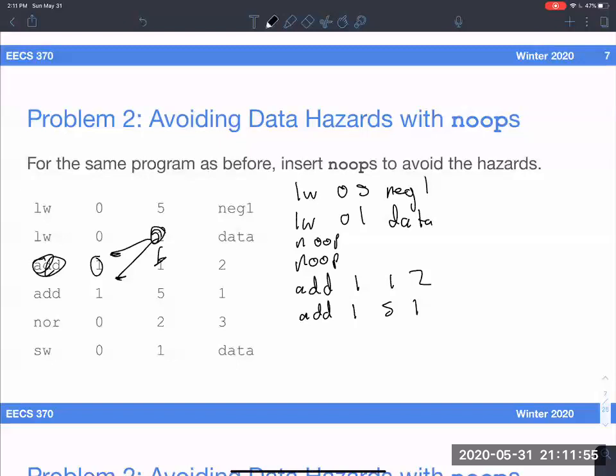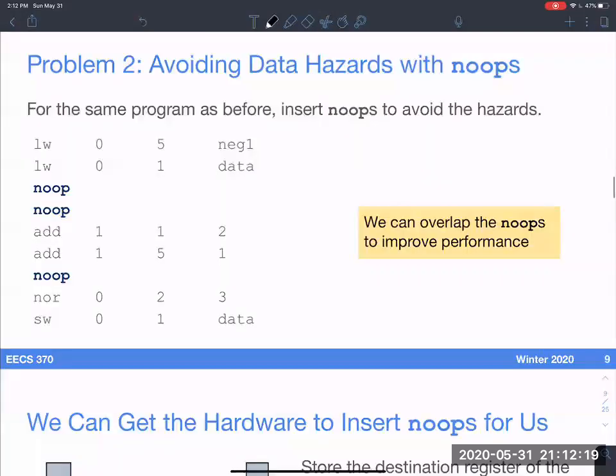And then after that, we have to insert a no-op for the 2 and the nor. Now remember that this add was dependent on this sw, but since we now have 2 instructions in between, it's no longer dependent, so we do not have to insert a no-op. So we can overlap no-ops to improve performance very slightly.